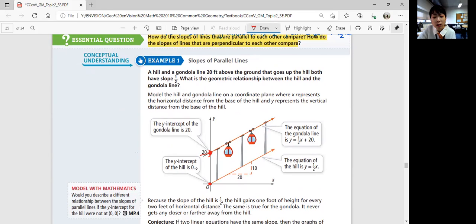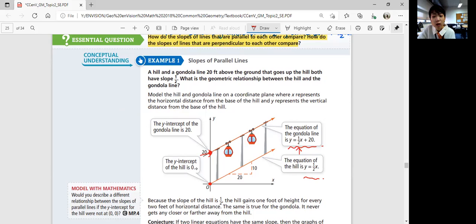So the hill is also rising while the gondola is also rising parallel to the hill, right? So the equation of the gondola line is given, y equals 1/2 x plus 20. The equation of the hill is y equals 1/2 x.